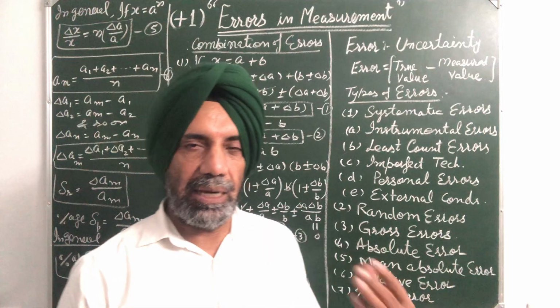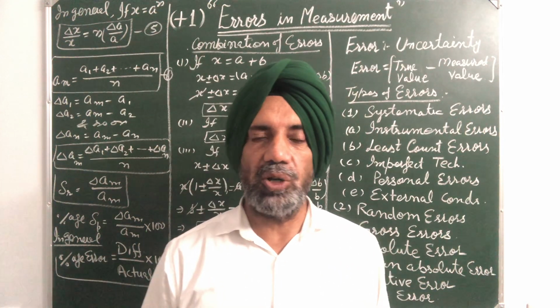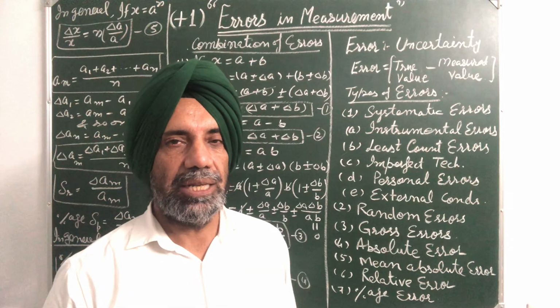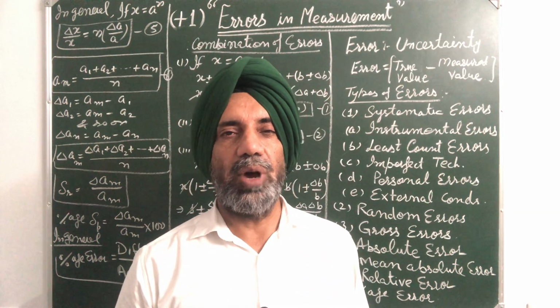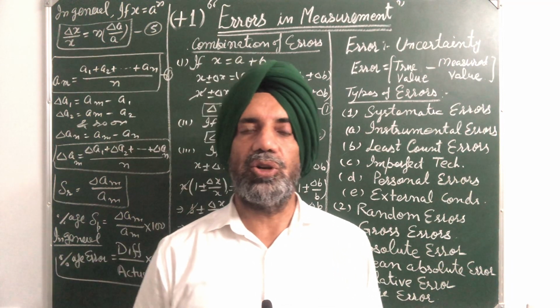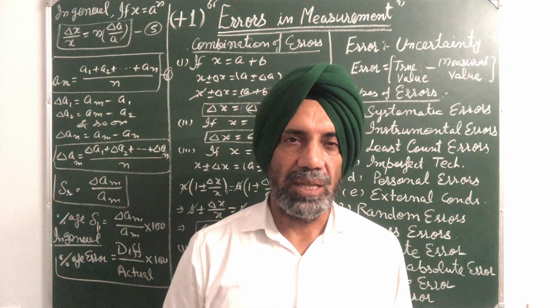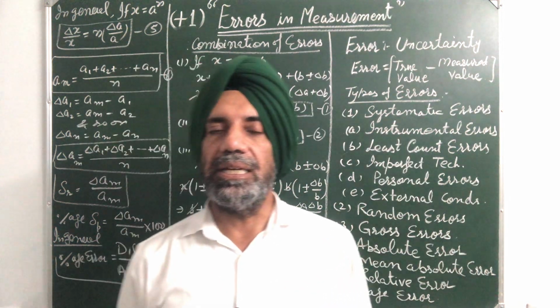Least count of vernier caliper is 0.1 mm or 0.01 centimeter. Least count of screw gauge and spirometer is 0.01 mm or 0.001 centimeter. So different instruments have different values of least counts.